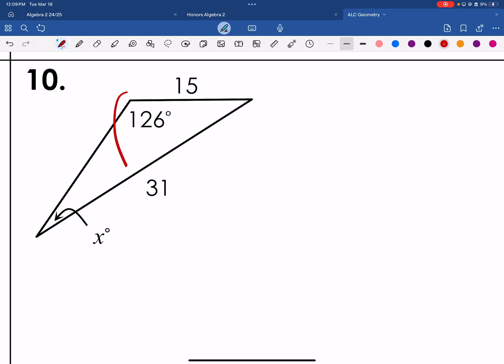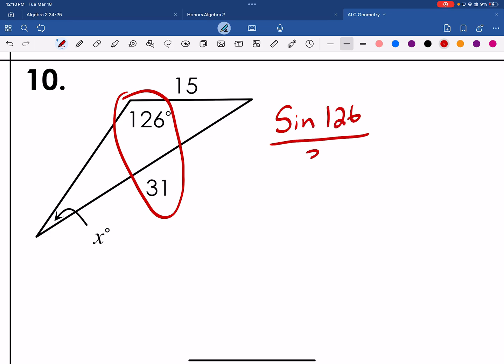All right, so I look at what I have. There's my ratio that I know. Again, I'm just circling the side and the opposite angle. My angle goes on top. So that's the sine of 126 divided by 31.